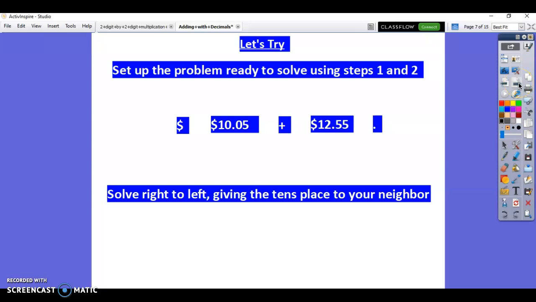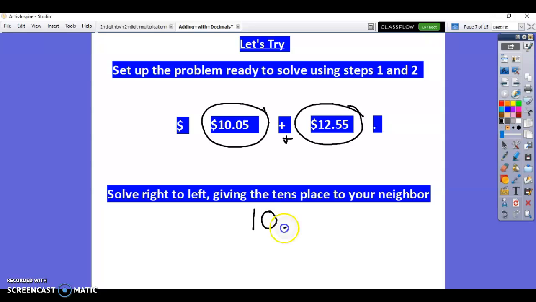All right, so here we have the problem. I want you to try it. You have $10.05 plus $12.55. Solve from right to left. We are going to be using this $10.05 and we're going to add $12.55 to that.